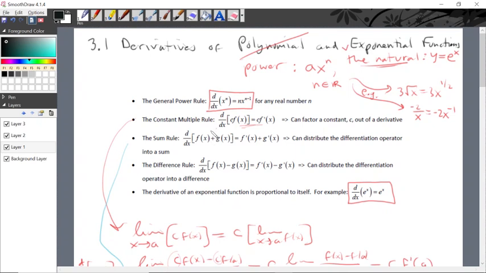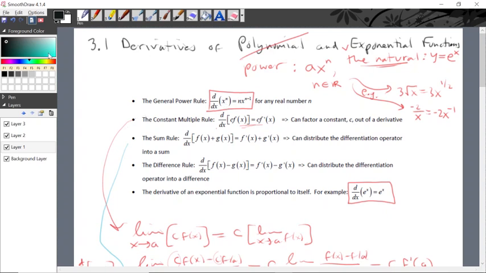But the proof that is less heavy on the algebra and relies more on the brevity of calculus, we'll take a look at in a few sections when we deal with logarithms and their derivatives, so-called logarithmic differentiation, and then we'll be able to prove the general power rule is true for all power functions. But in this section, it'll be sufficient for us to demonstrate that it has to be true for polynomials, and then some other examples that we can work with, like these examples here, that it also will apply to.